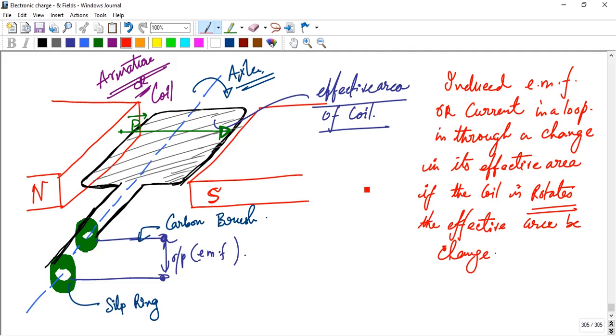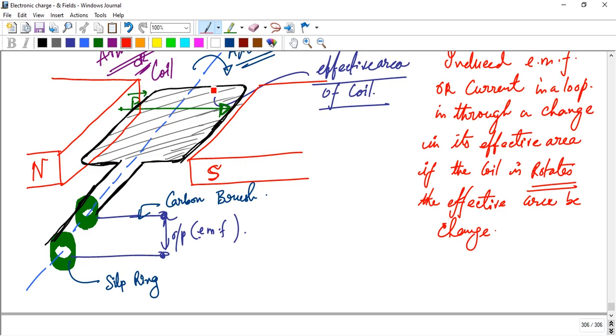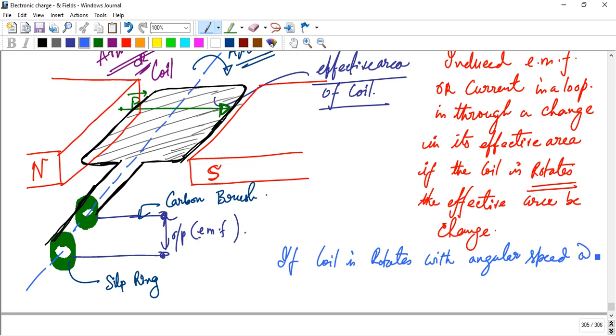If the coil rotates with an angular speed omega, the angle theta also changes.